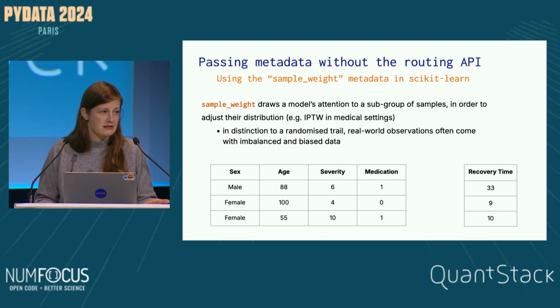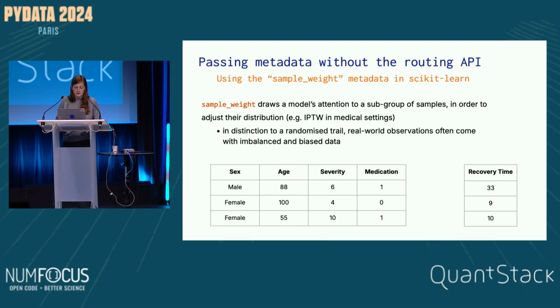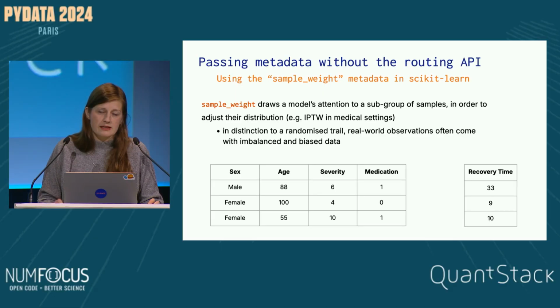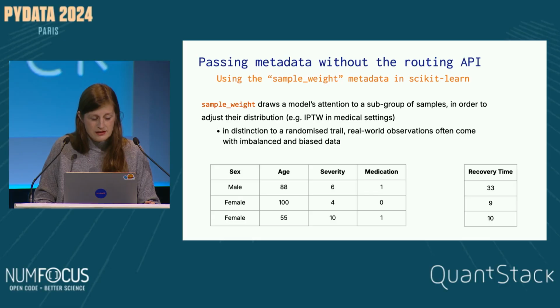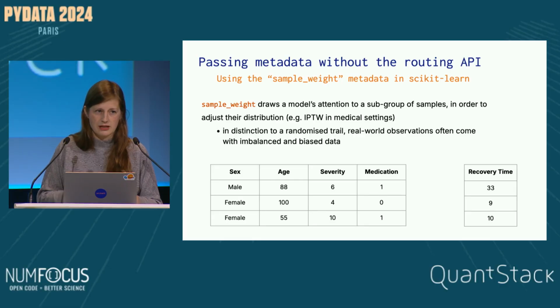So for instance, in this medical study example, we could observe that a certain feature, it could be race or sex or age, somehow correlates to whether this patient was chosen for a certain treatment, like the new drug that we want to test at all. So in this case, we could use sample weight to counterbalance that.